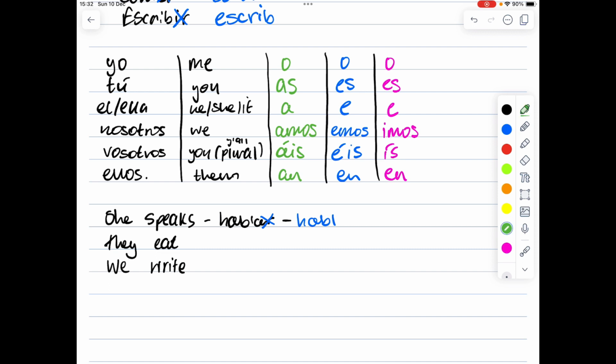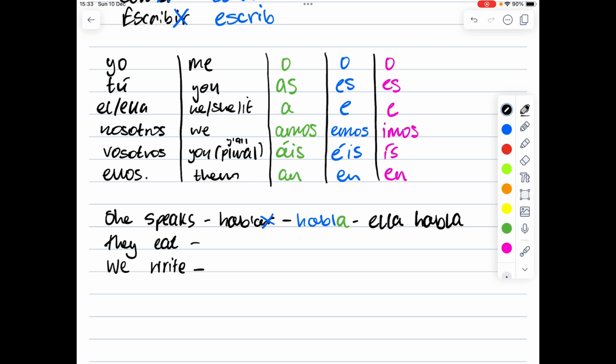Or in this case, she speaks. So I'm going to add habla, okay? Habla, she speaks. You can also put the pronoun in front of it. So, ella habla. You don't need the pronoun there, but you can if you would like to. Especially if you want to put emphasis on who is doing it.